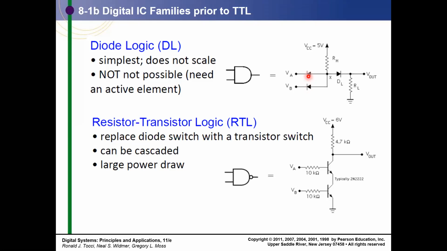So both the devices turn off, and only in that condition this node is at 5, and this makes this diode turn on, because this is a low resistance path, and since this is on, this node rises to a high voltage.